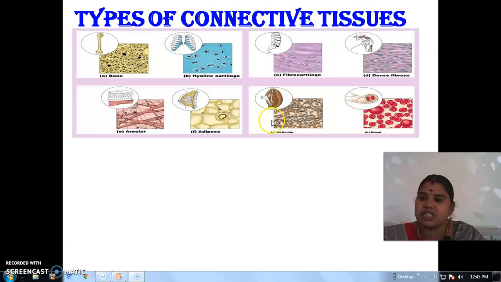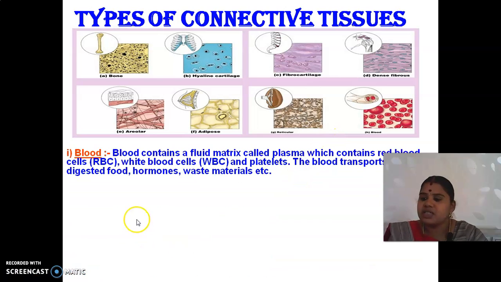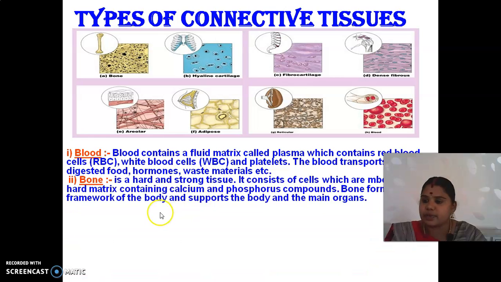These are the blood vessels. So actually, you have to know what types of connective tissues are present in which parts of our body. That's why I show you these images. Next, I want to explain each and every type of connective tissue now.